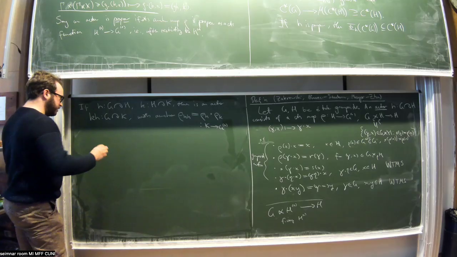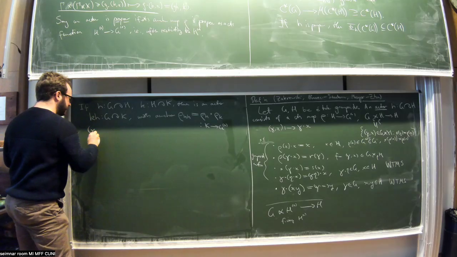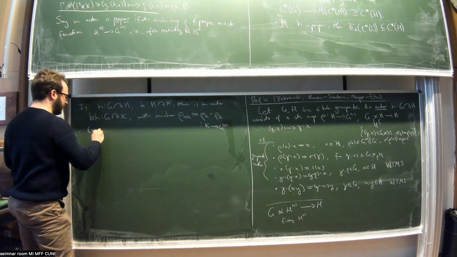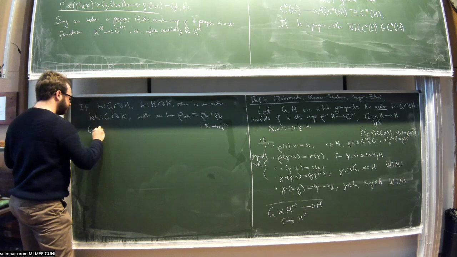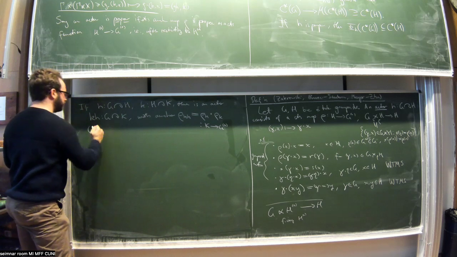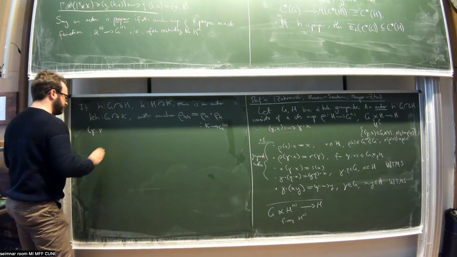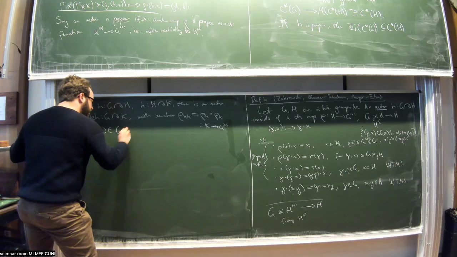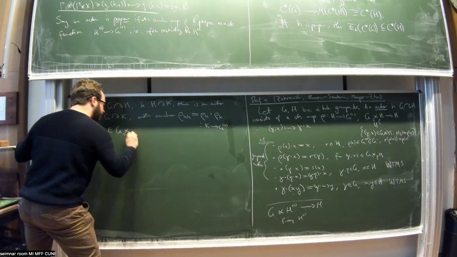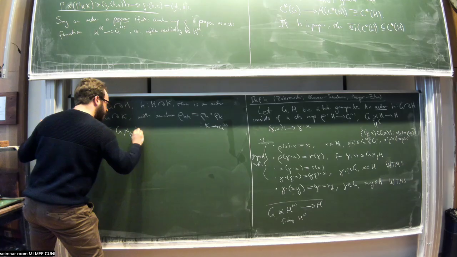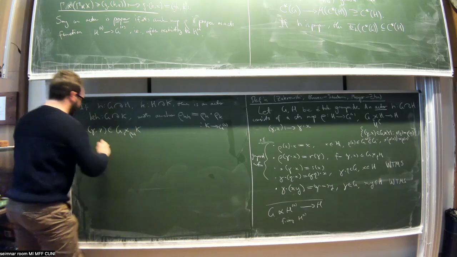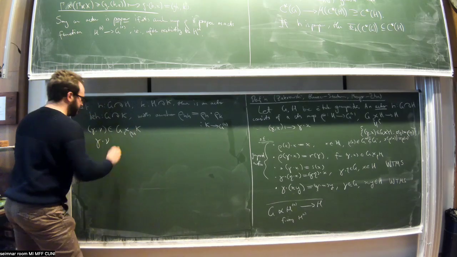And then the multiplication takes an element or a pair. What symbol do I usually use for this? Forgotten. Let's use the nu. How do I multiply two things?